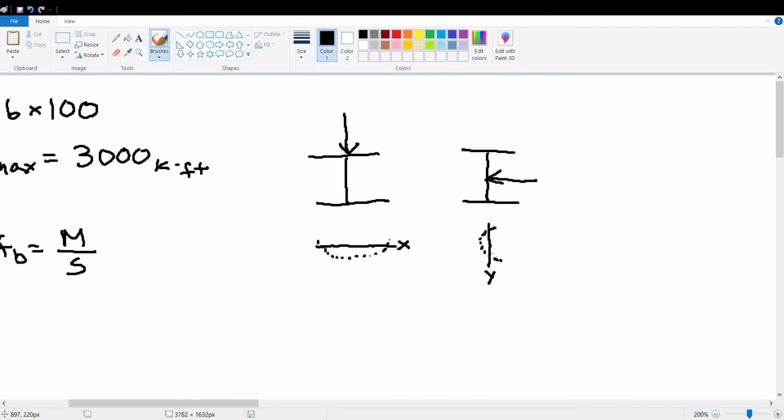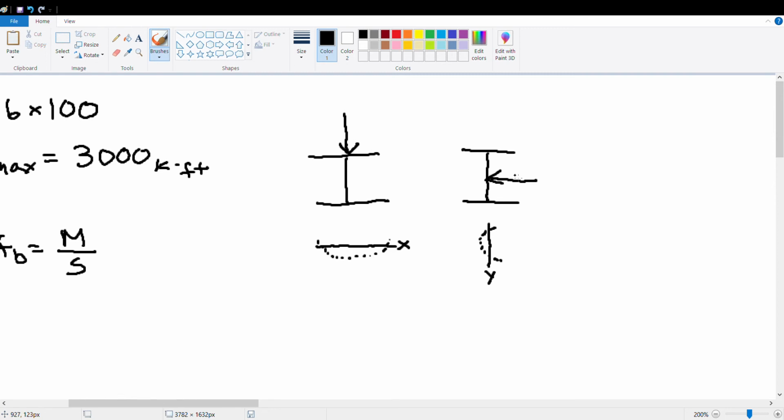What is weak axis, strong axis? Think of it this way. This load, in order to destroy the beam, has to go through the top flange, the web, and the bottom flange. That is a lot of things this load has to go through. So in this case, the beam is pretty strong, so we call that the strong axis. And in this case, the load just has to go through this thin little web piece right here.